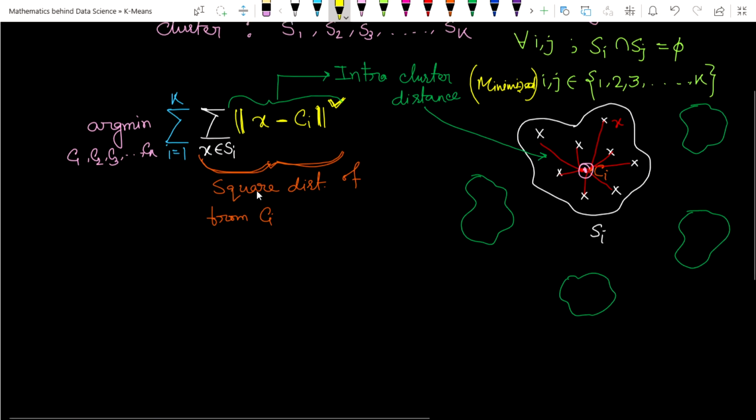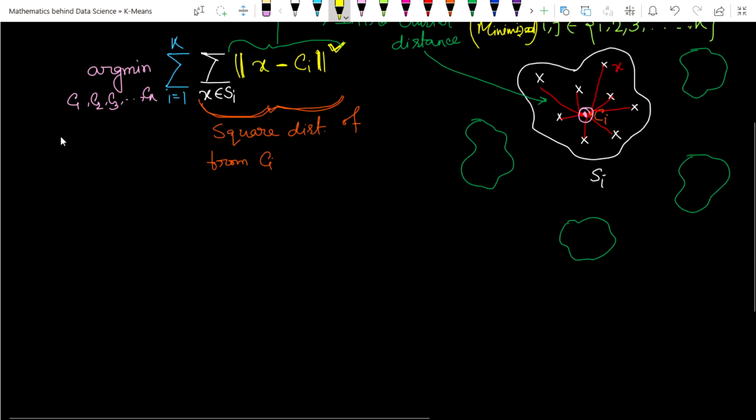Now, this is simply the objective function of our optimization problem. What will be the constraints of this optimization problem?